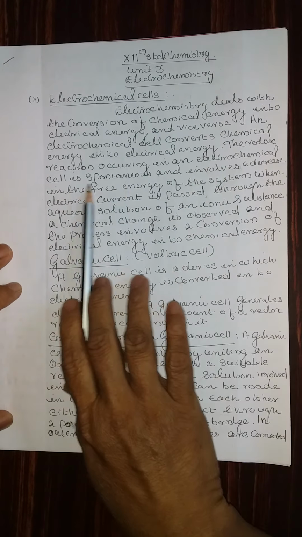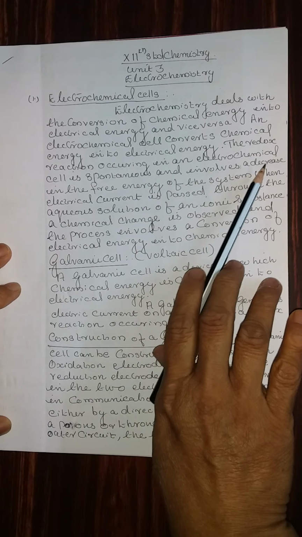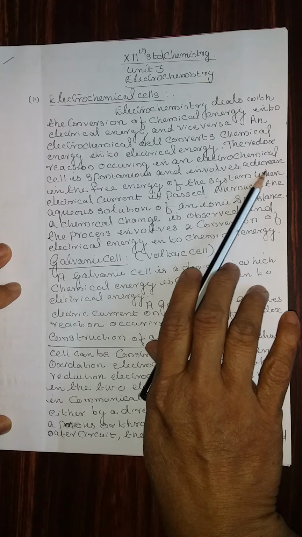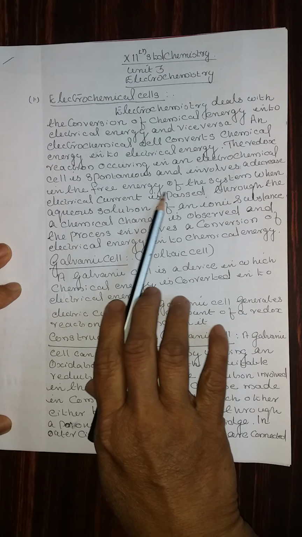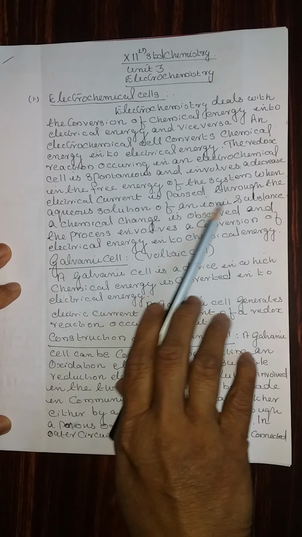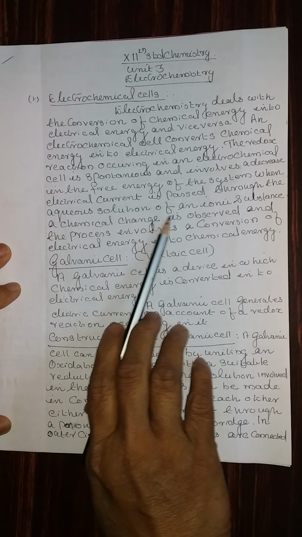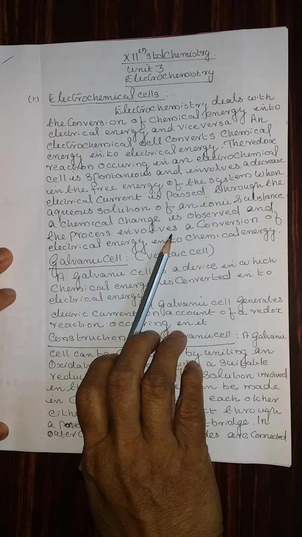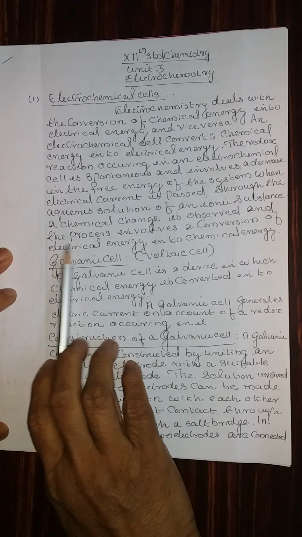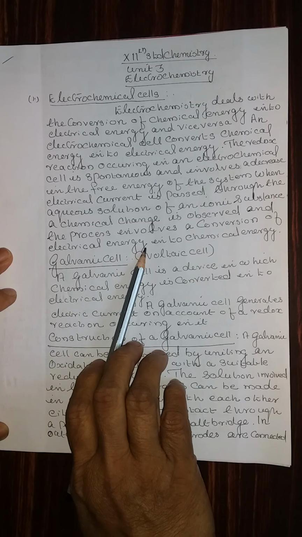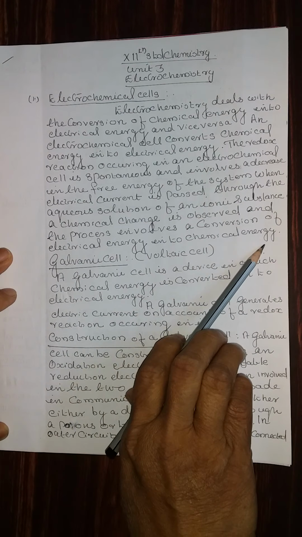The redox reaction occurring in an electrochemical cell is spontaneous and involves a decrease in the free energy of the system. When electric current is passed through the aqueous solution of an ionic substance, a chemical change is observed and the process involves a conversion of electrical energy to chemical energy.